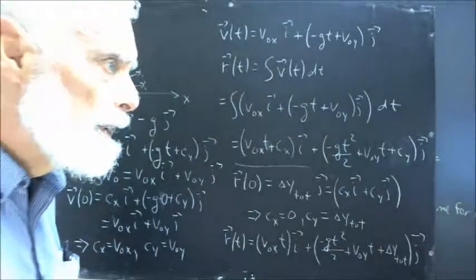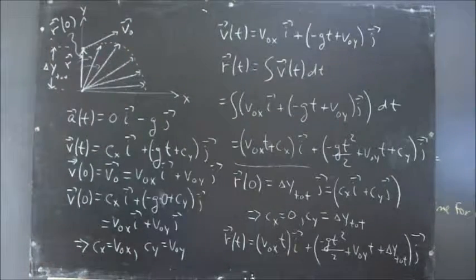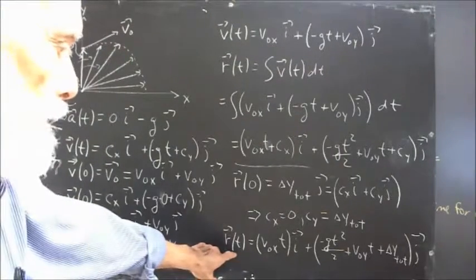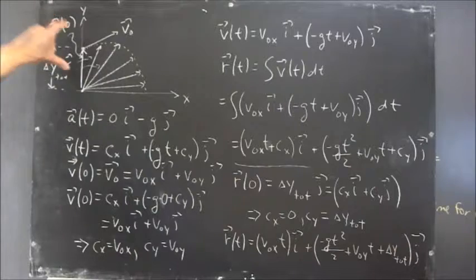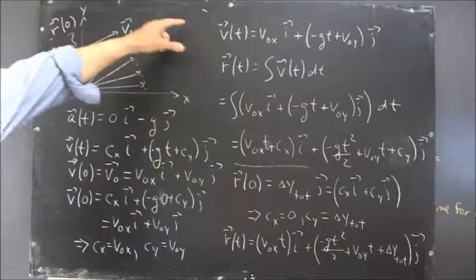Now we have our position function corresponding to whatever our initial conditions are, also our velocity function.